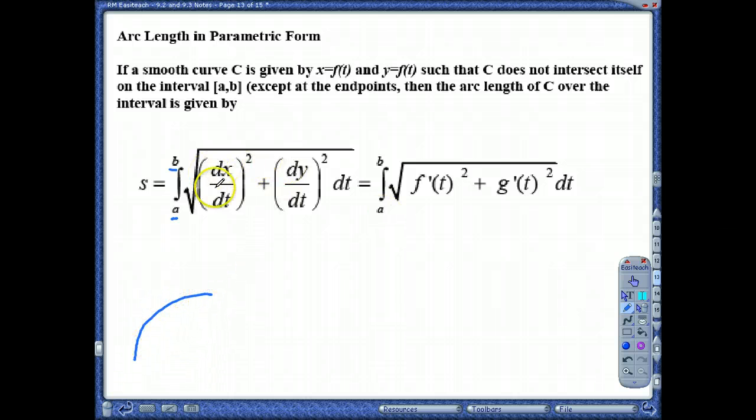And if you look at the equation here, you've got the square root of something squared plus something squared. So it even kind of looks like the distance formula.